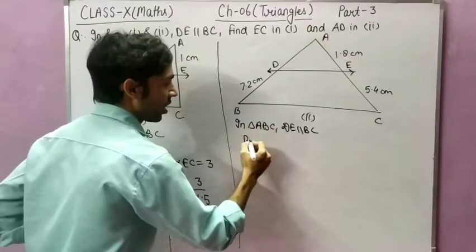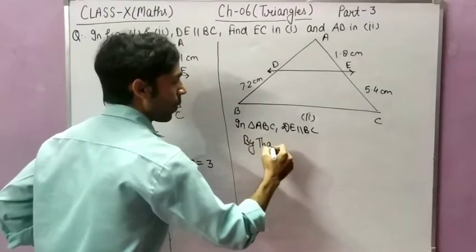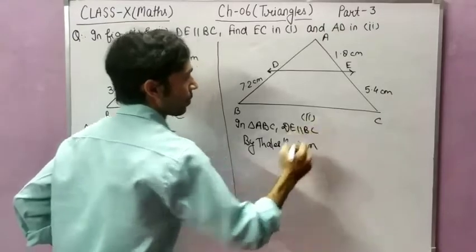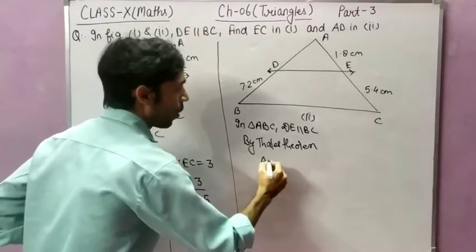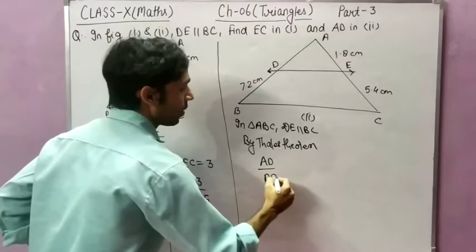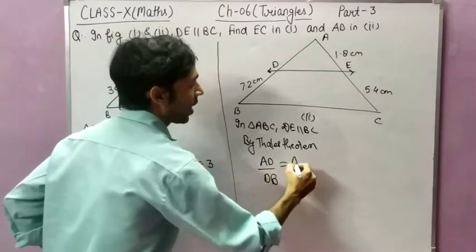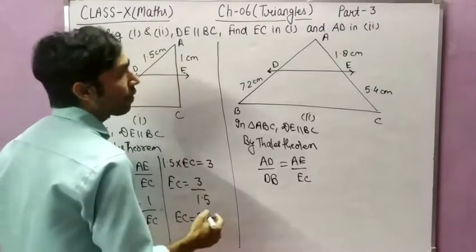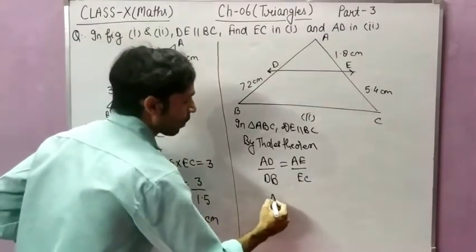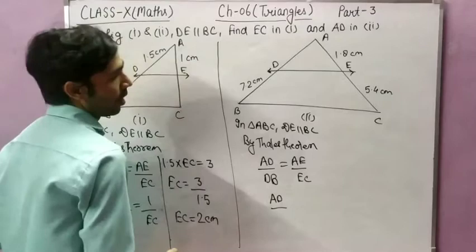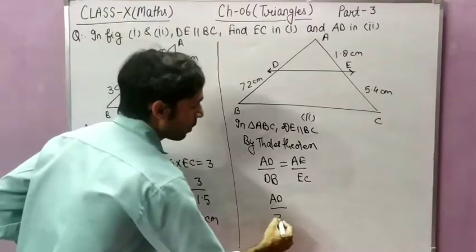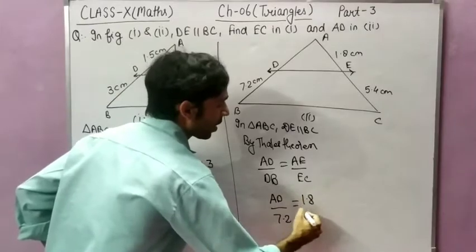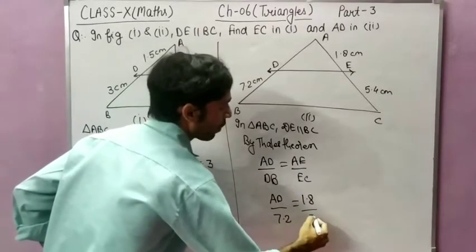So by Thales theorem, AD upon DB will be equal to AE upon EC. Now the value of AD we have to calculate, so put AD as it is. After that, the value of DB is 7.2, the value of AE is 1.8, and the value of AC is 5.4.